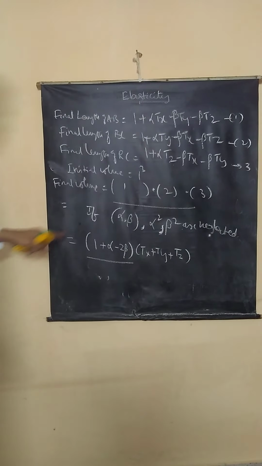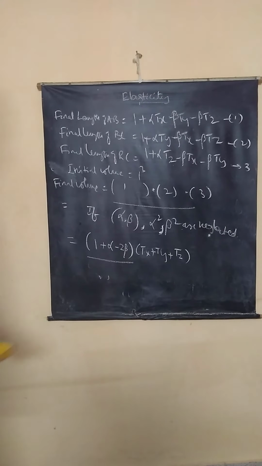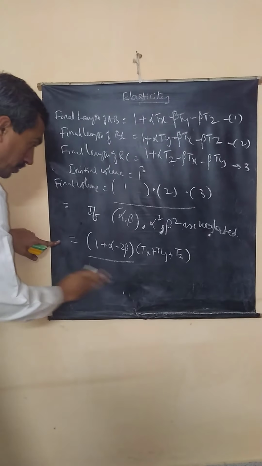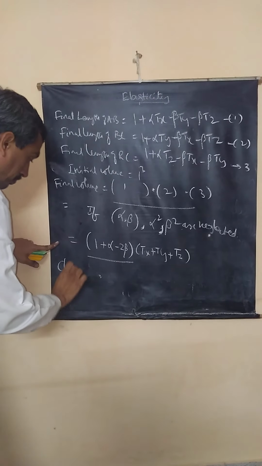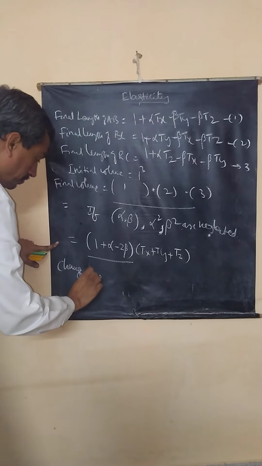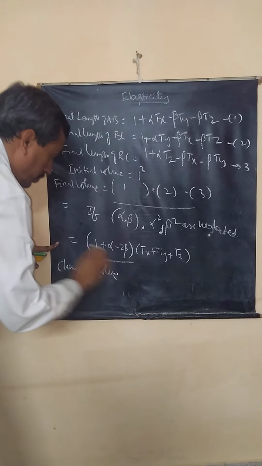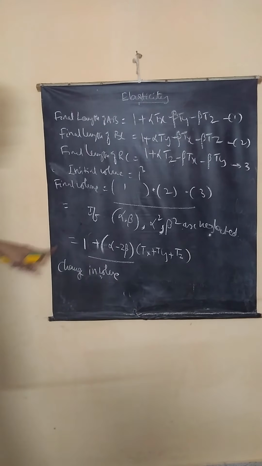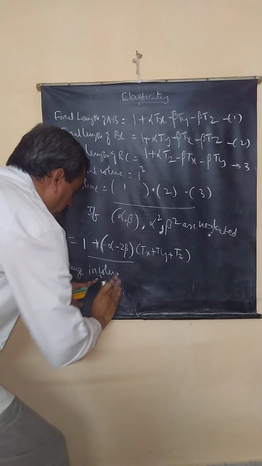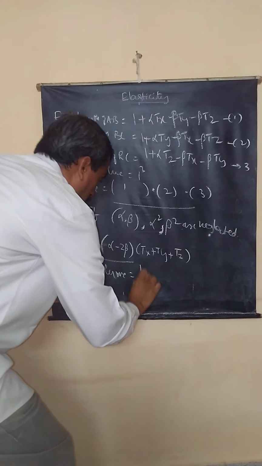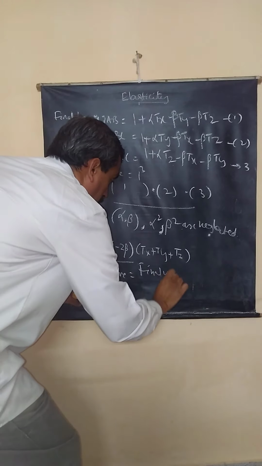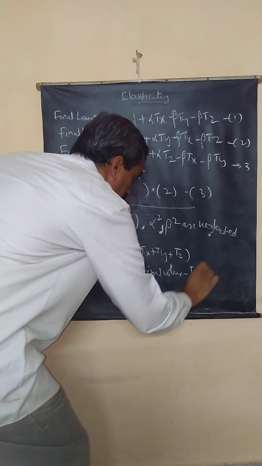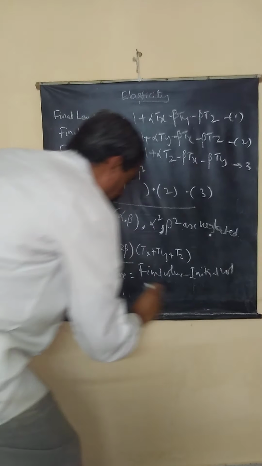So the change in volume will be equal to the final volume minus the initial volume.